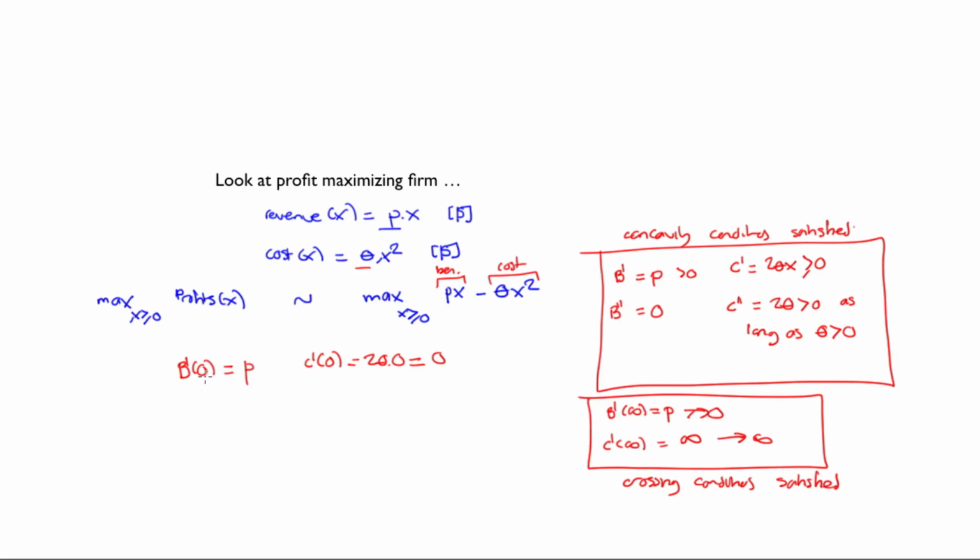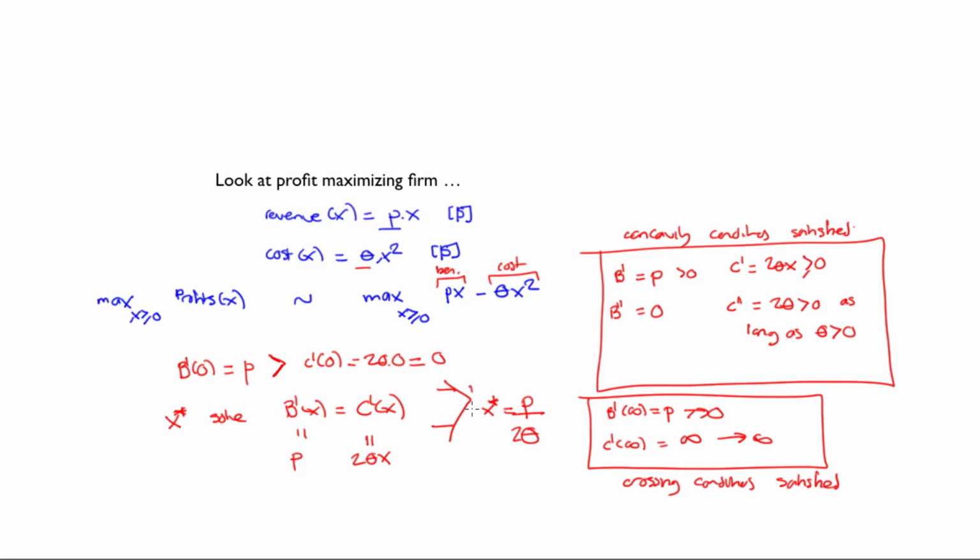So we know therefore that B prime of 0, since goods trade at positive prices, is greater than marginal cost at 0. And that implies that the solution X star must solve the marginal benefit of X equals the marginal cost of X. This is equal to P. This is equal to 2 theta X. And together, this implies, doing a little bit of algebra, that X star has to be equal to P divided by 2 theta.